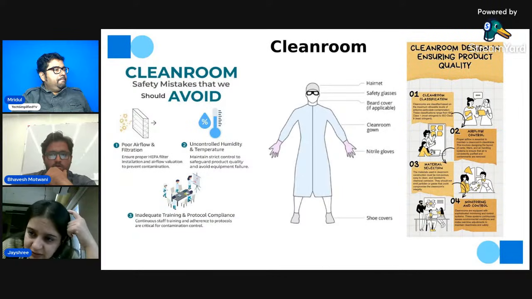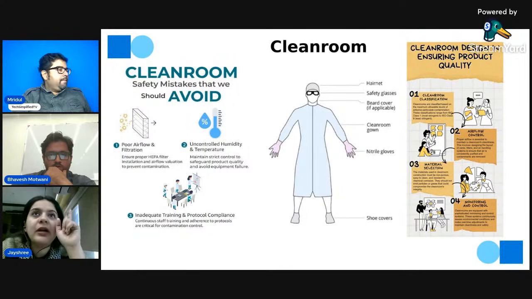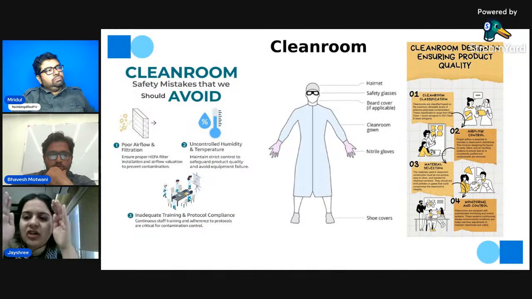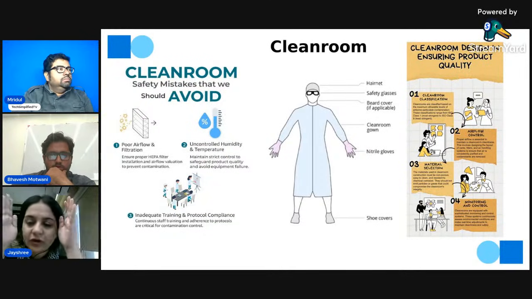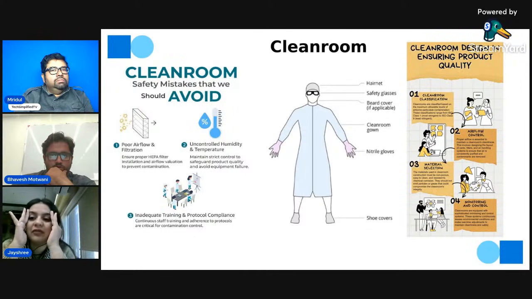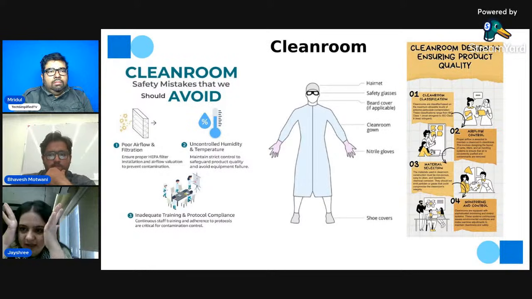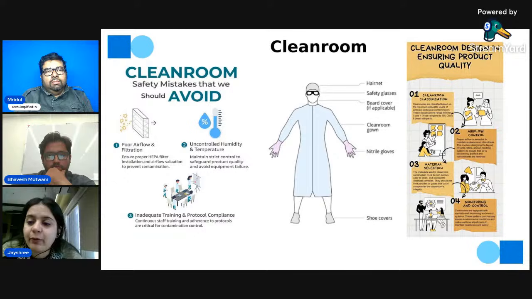So this is necessary. Then safety glasses. Why? Because in certain lithography or other eye-damaging processes, we are supposed to make sure that we are wearing the safety glasses. Then for the men, from top to bottom, the complete gown is necessary and important to wear.